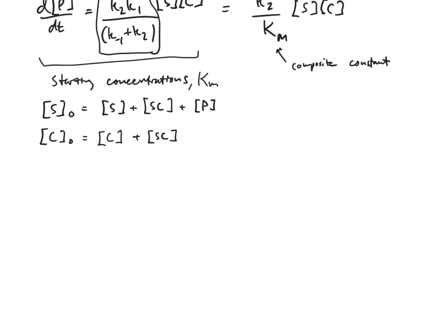So now we rearrange these algebraically and get everything in terms of concentration of S and concentration of C. This becomes S at time 0, C at time 0, and then subtracting out these other terms here.